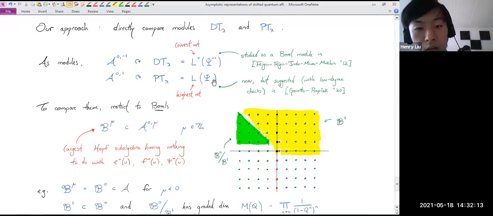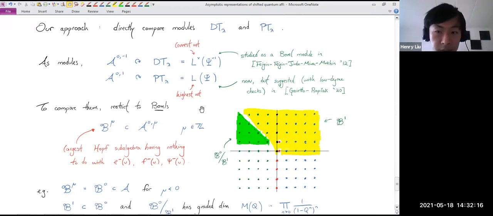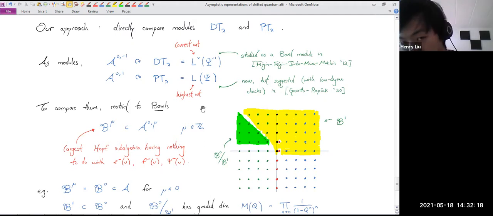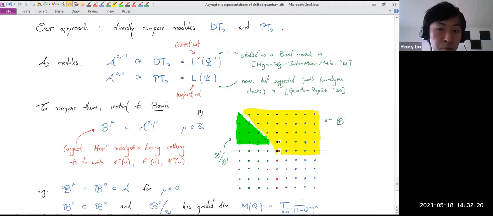Right. So I mentioned this last time, but here maybe I'll say again. There are precursors of these DT and PT modules, which have appeared in previous literature, but they have appeared not as representations of these full shifted quantum affine algebras. In the past, people studied them for a certain quantum Borel sitting inside these shifted quantum affine algebras.